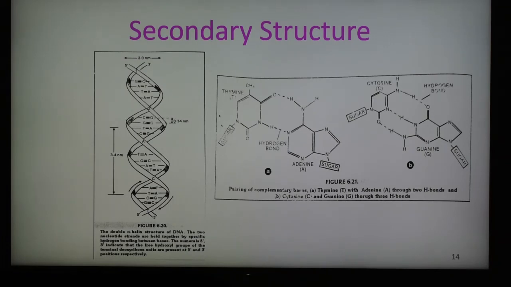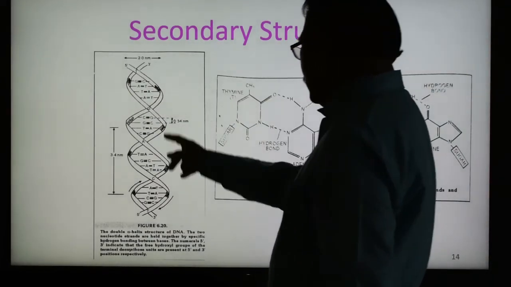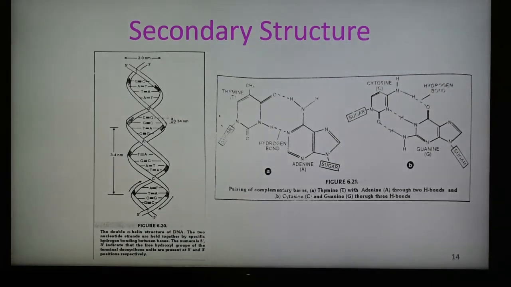So this is the structure shown, different structures of this compound, and here the first structure is the double helix structure of DNA shown here. This is the helical structure, and the 2 nucleotide strands are shown here, held together by specific hydrogen bonding between the bases.